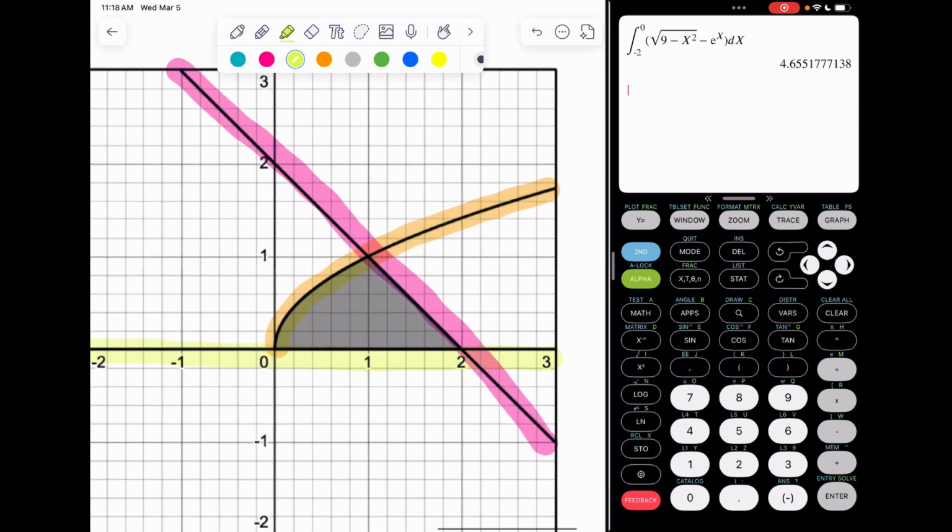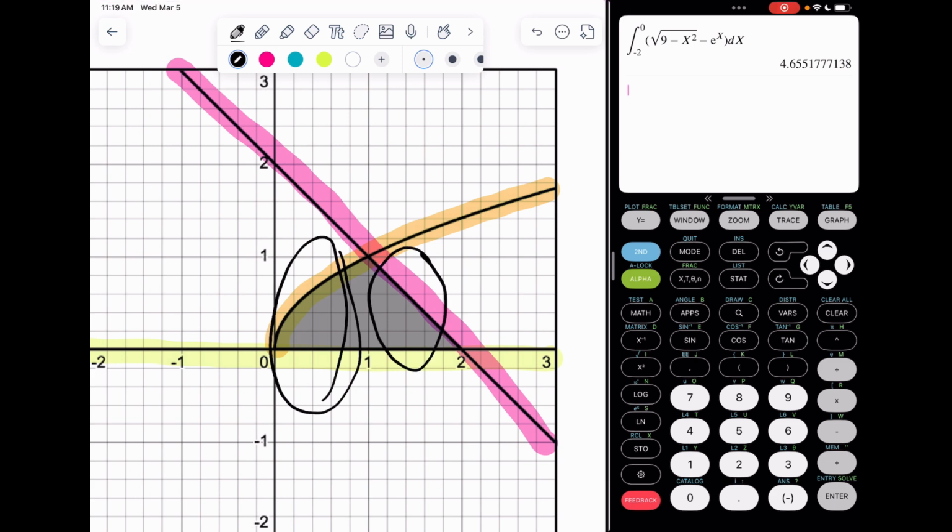If I zoom in on this picture so that we can really see what we're looking at here, if I look over in this region, I see that the orange function is on top and the green function is on the bottom. But if I look over here, the pink function is on top and the green function is on the bottom. What that means is we have to break this section into 2 parts and write 2 separate integrals.